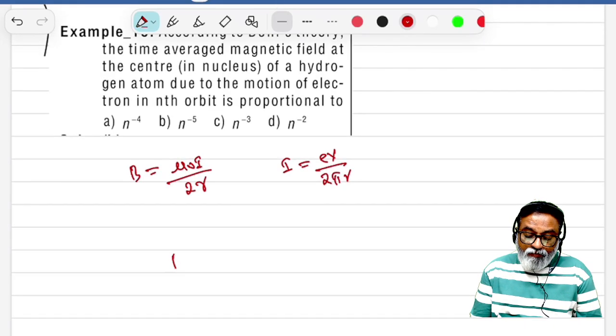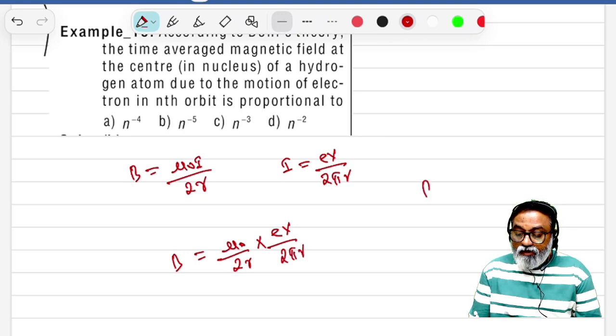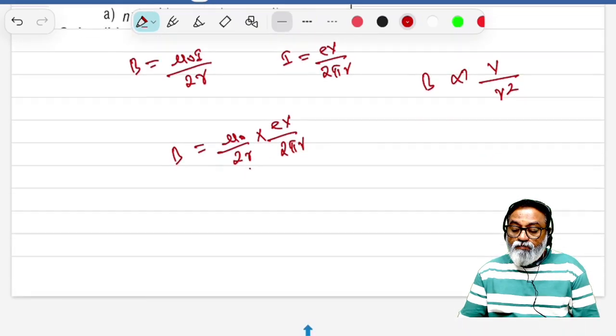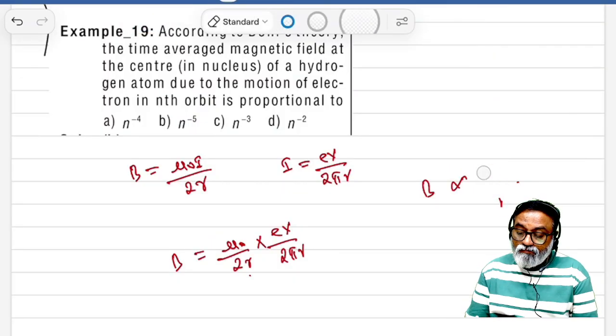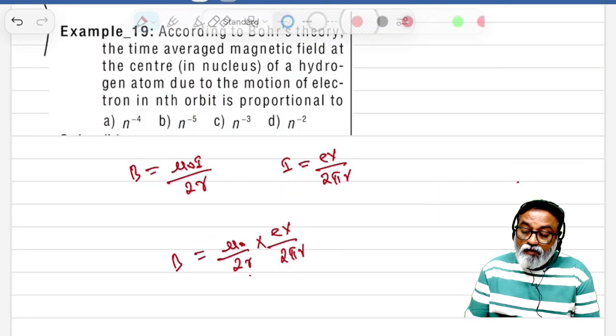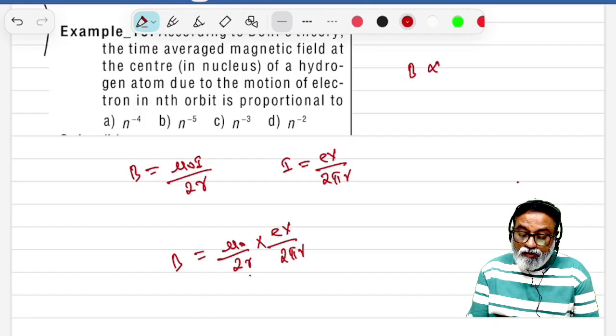Therefore, B is equal to mu naught by 2r into eV by 2 pi r. Therefore, B is proportional to V by r square.